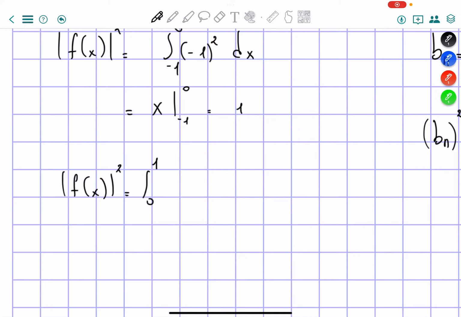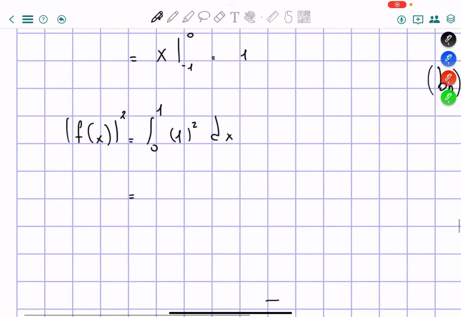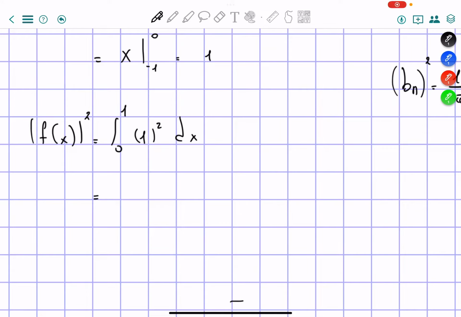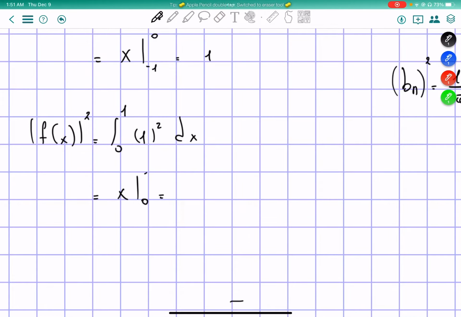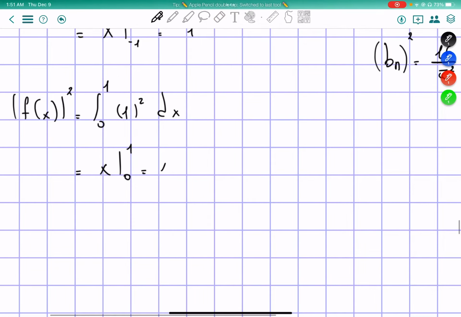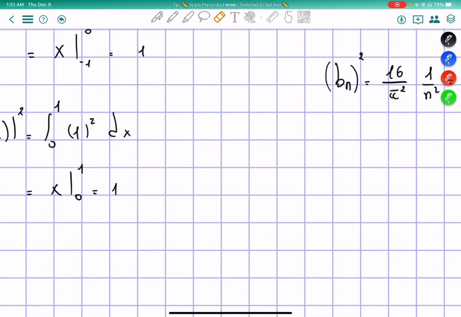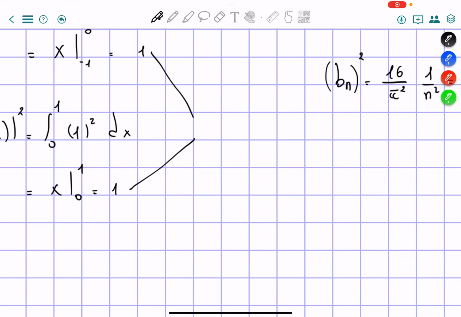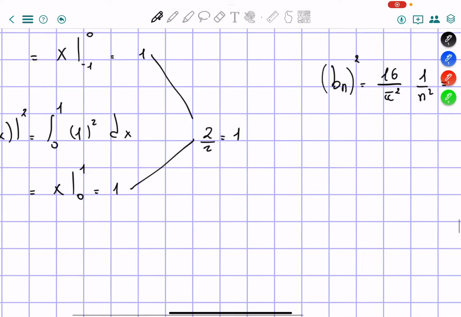So we're going to have 1 squared dx, and of course we're going to get x from 0 to 1, which is equal to x. Okay, now I'm adding these two together, but of course I have to find the average of these two. So I'm going to have the first one plus the second one divided by 2. So we're going to have 2 divided by 2, which is equal to 1. Perfect. So it will just be equal to 1.